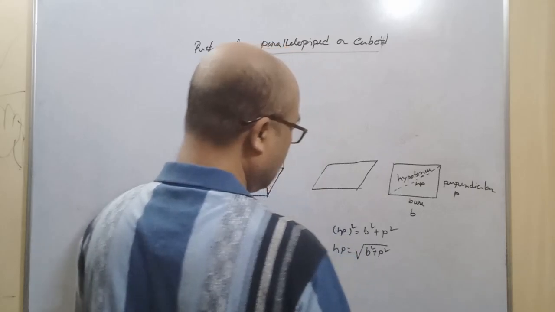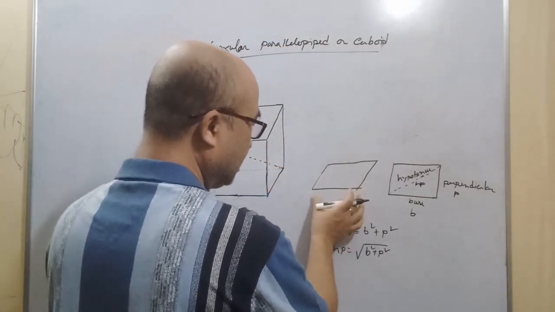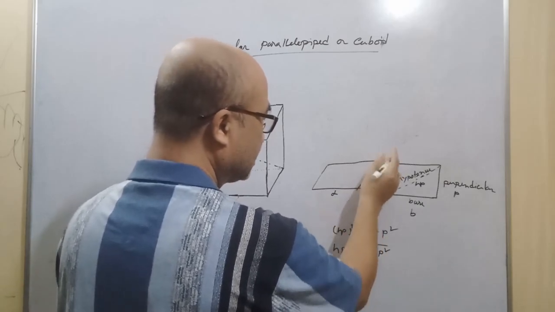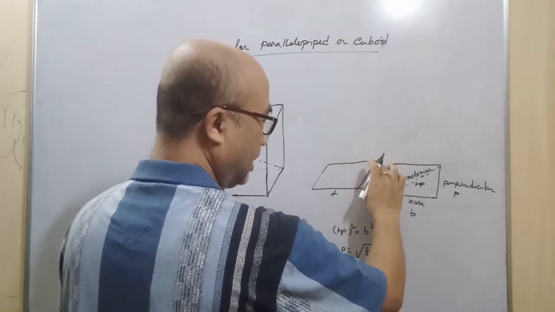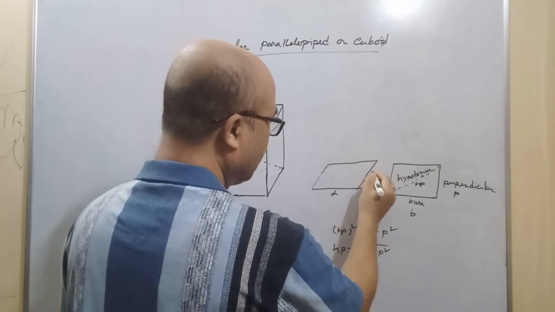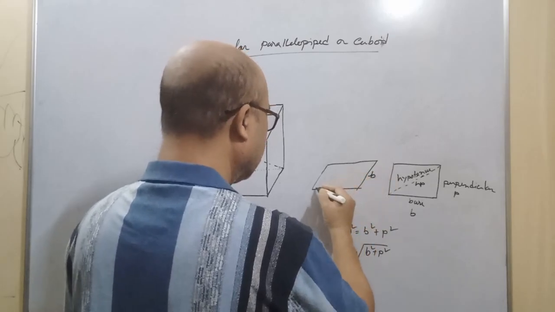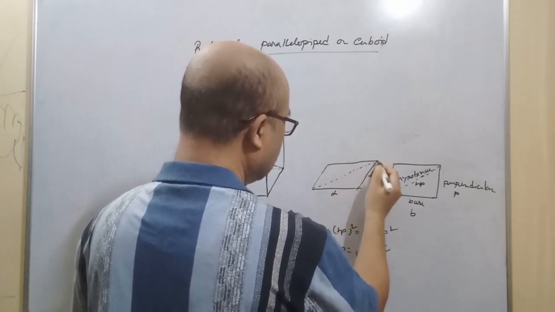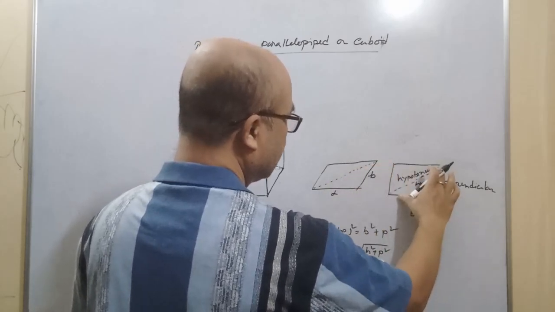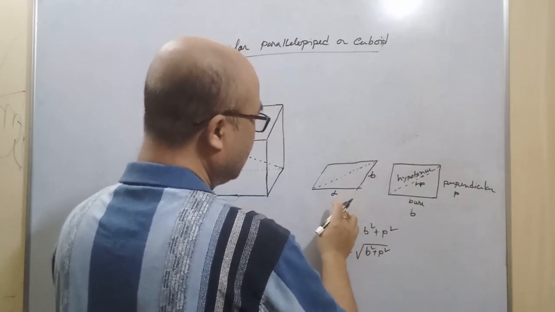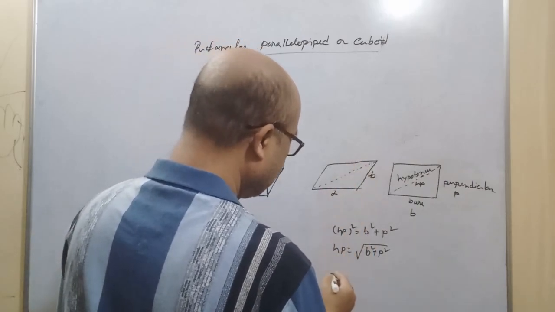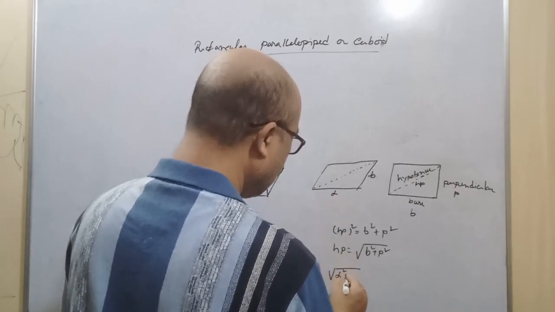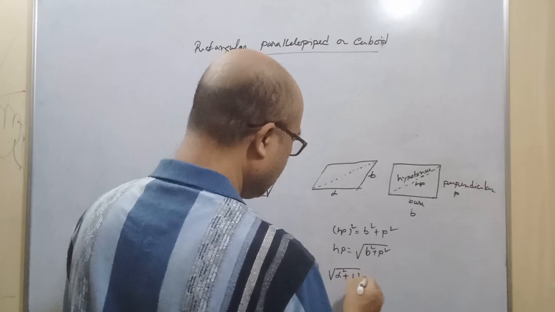Okay, so in this case, this base is denoted by L. This length is denoted by, say, B, length and breadth. Then this length can be represented as L square plus B square.